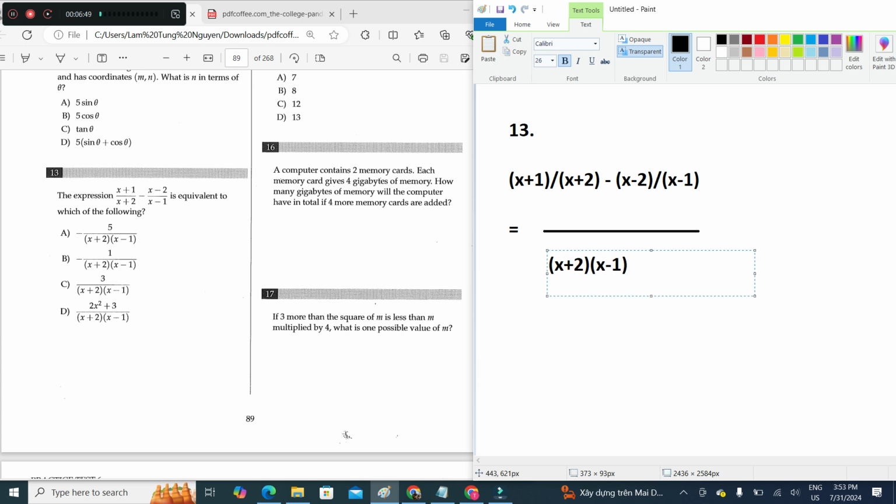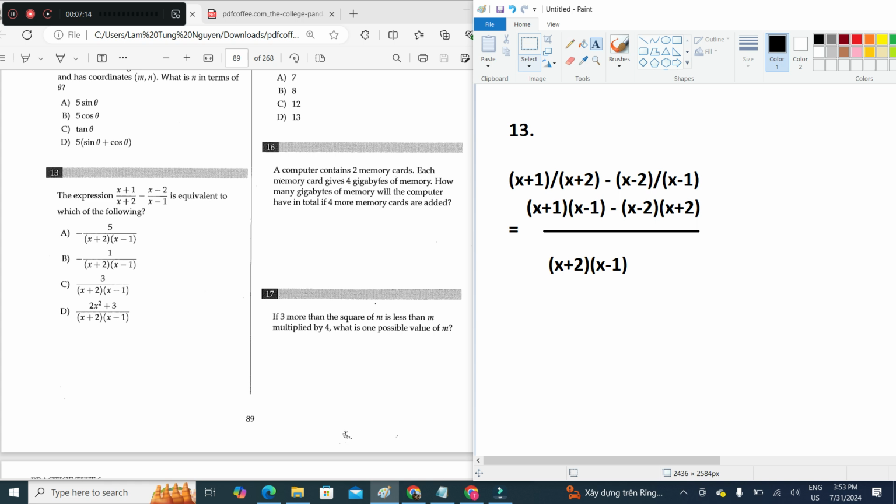That's the common denominator, and in the numerator we have (x plus 1)(x minus 1), and we have to subtract (x minus 2)(x plus 2), all right?